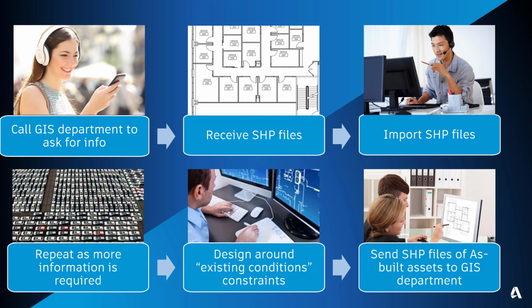Using the existing conditions data once received and the design has been finished and approved, as-builts will be generated. The owners most likely will require that they be submitted to them in a shapefile format, or even worse, in a DWG format, and they're requiring that it be exported to a specific release of DWG that is much older than the version it was generated in.